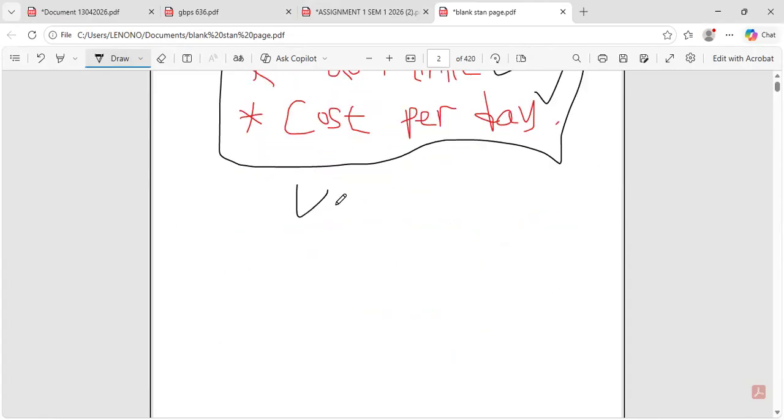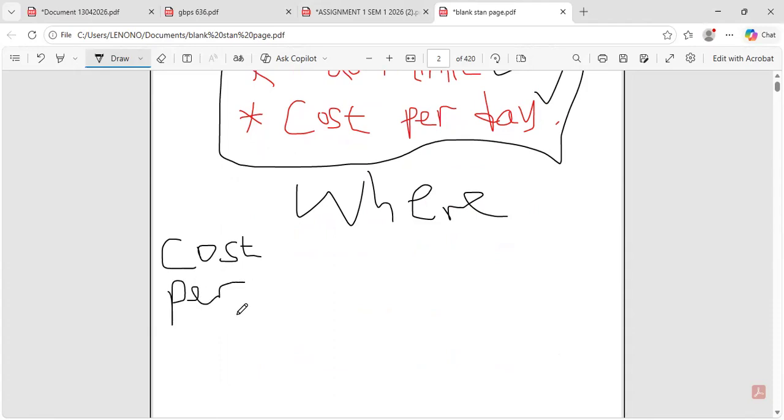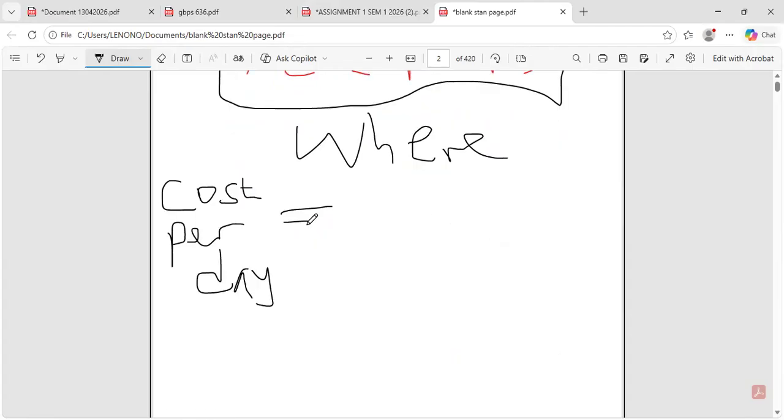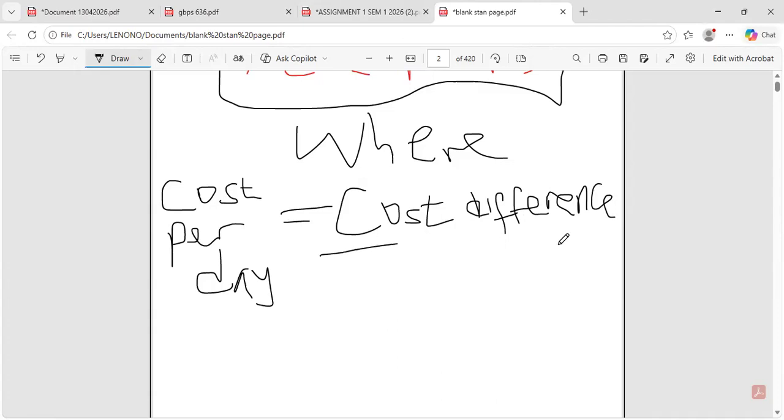Cost per day is equal to cost difference divided by the crash limit.